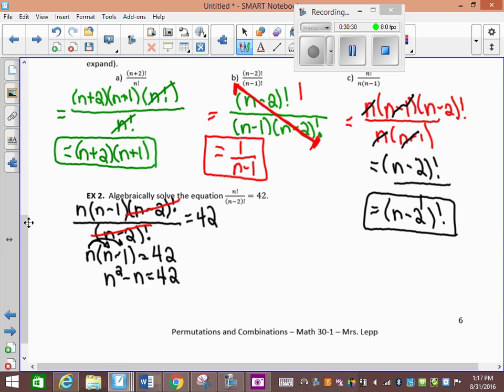If you have something like n plus 2 equals 6, I could subtract my 2, and I have n equals 4. I can just solve for n. But the moment you have a squared, and this year you're going to have a cubed or a fourth or a fifth degree, because we're going to be dealing with polynomials this year, the instant you don't have a degree 1, you have to move everything to one side, set it equal to 0, and solve every single time. So I need to move that 42 over. So n squared minus n minus 42 equals 0.